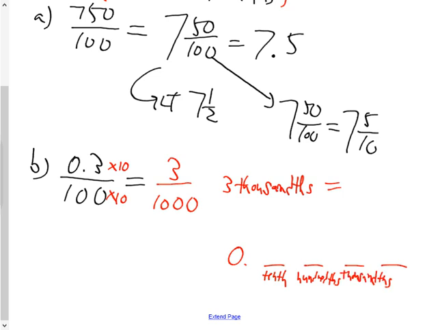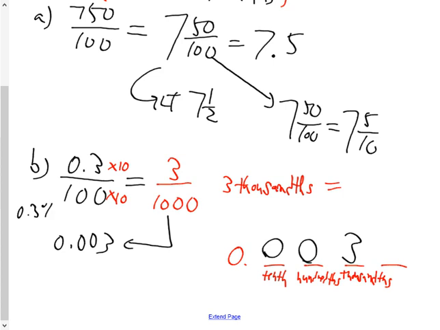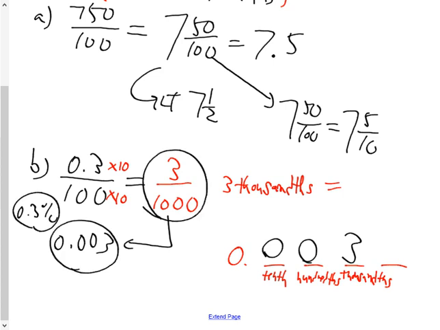So if it's 3 thousandths, the 3 will go in your thousandths position, and in order to keep it out there, I need to put a couple zeros in here. So therefore, this number as a decimal is 0.003. So to recap, 0.3% as a fraction is 3 thousandths, and as a decimal is 0.003.